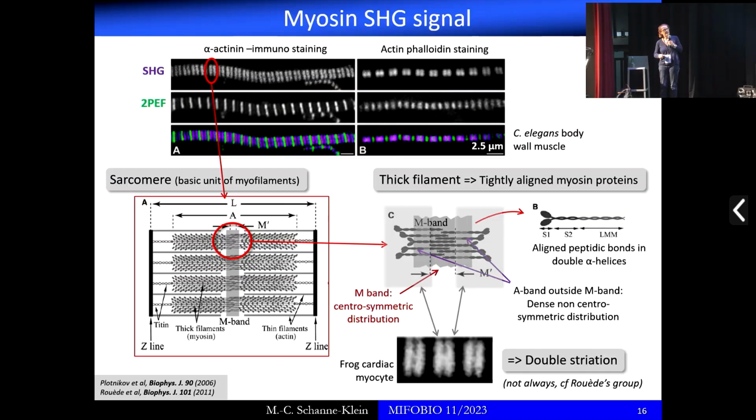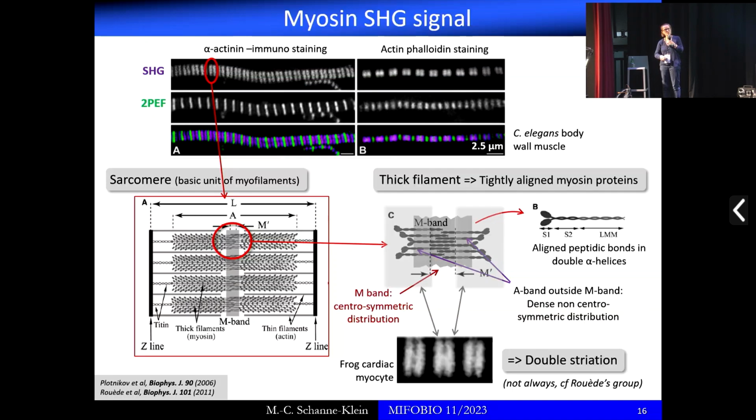And so there are many peptide bonds along this region, so that there is some signal here. In the very center of the sarcomere, there are myosin molecules that are oriented the two different ways. So they are in anti-parallel alignment, so that it's centrosymmetric, so that there is no signal here. And there is no signal here, of course, because there is no myosin.